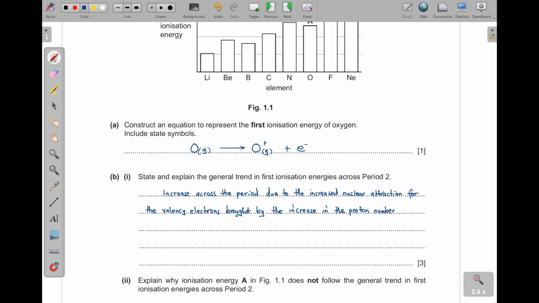Then that nuclear charge is the one that is responsible for the nuclear attraction of the valence electrons. Okay, so this is brought by the increase in the proton number. Okay, and there is similar shielding of the outer electrons or valence electrons.